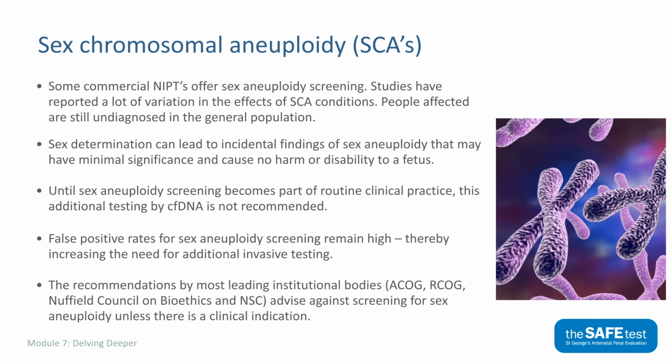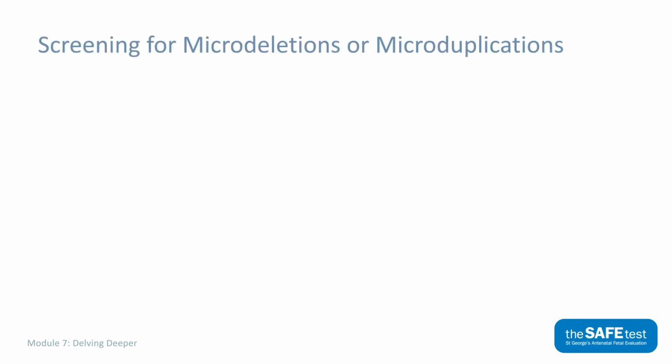The recommendations by most leading institutional bodies such as the American College of Obstetricians and Gynecologists, the Royal College of Obstetricians and Gynaecologists, the Nuffield Council on Bioethics and the UK National Screening Committee advise against screening for sex aneuploidy unless there is a clinical indication. In addition, some NIPTs can offer microdeletion screening.